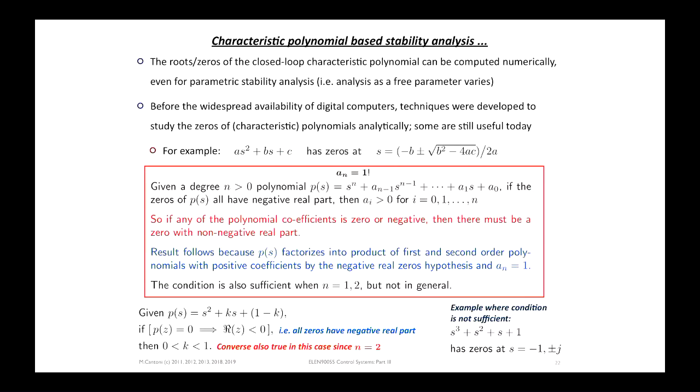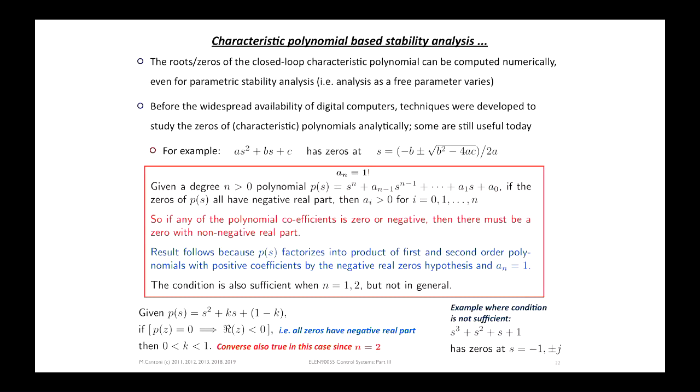This result here is saying that if I'm given a polynomial and I've just normalised the coefficient of the leading term to be 1, in other words, a positive number, then if this is known to only have zeros in the left half plane, all of the coefficients must be the same sign as the leading coefficient.